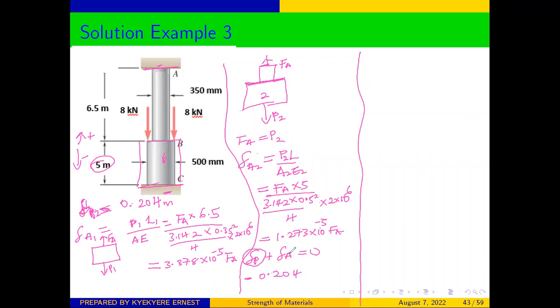And delta A, we have delta A1 plus delta A2. So we have our values as 3.378 times 10 to the power negative 5 FA, plus 1.273 times 10 to the power negative 5 FA.